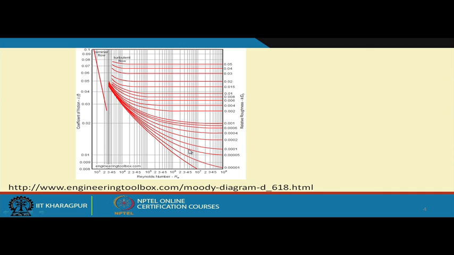And if you look into some other Moody's chart, there also you will find this is true for different materials, that is, if it is stainless steel one, if it is mild steel another.